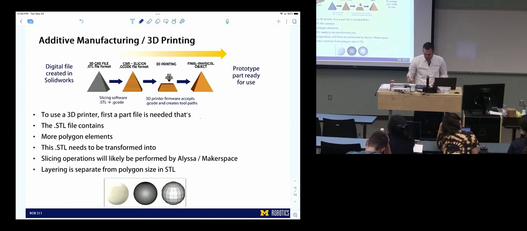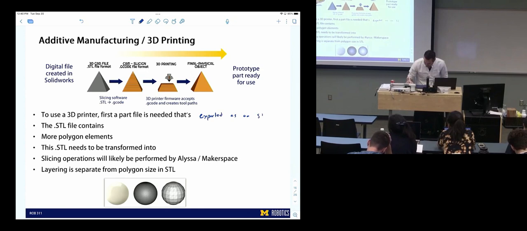So to use a 3D printer, first a part is needed that's exported as an STL. The STL file contains polygons that digitize the shape.